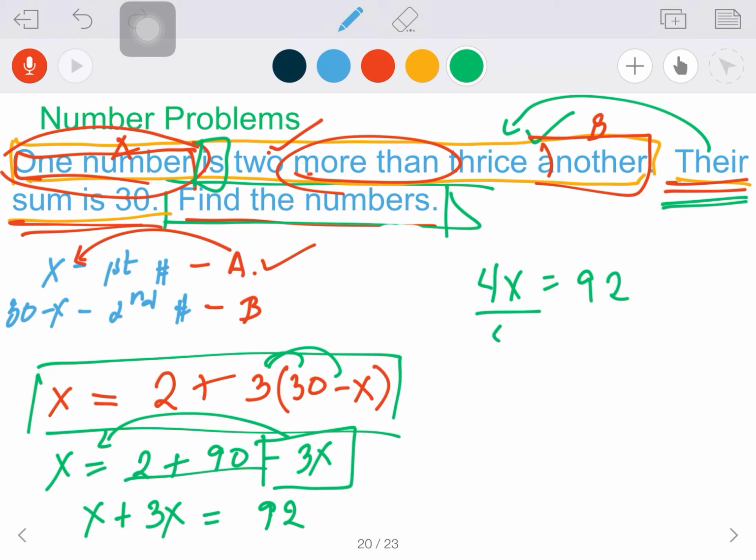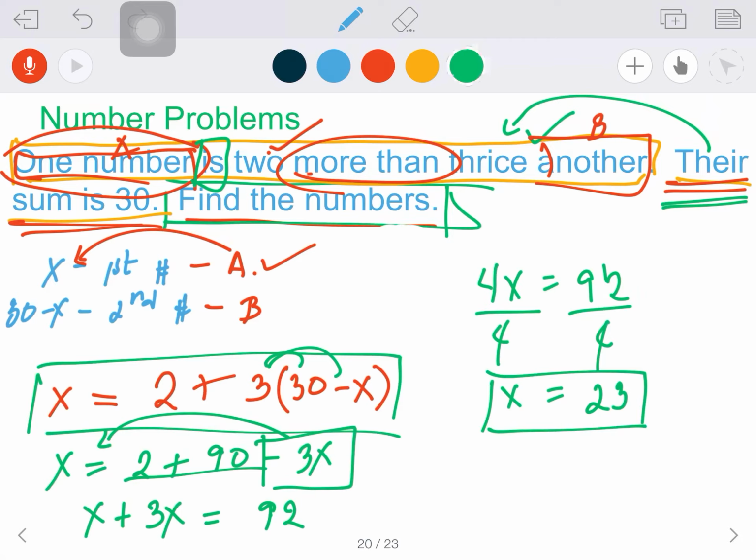Then we divide using the property of multiplication or division of equality. So x equals 92 divided by 4, which is 23. Now, once you have a value for a variable or an unknown, you always have to go back to your representation.